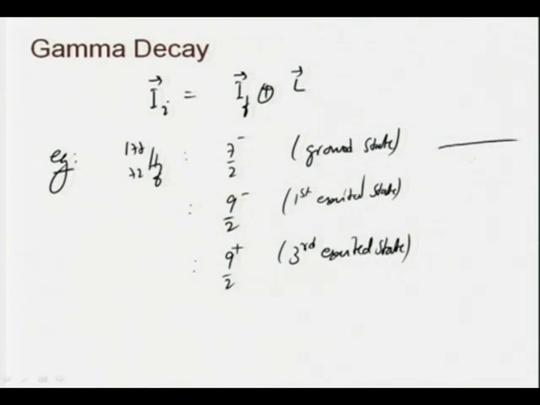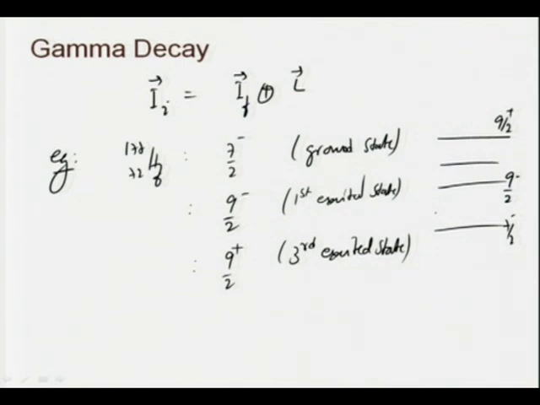So, it will look like something like this. This is 7/2 minus, and here you have 9/2 minus and say 9/2 plus, and there is in between something which is actually 11/2 minus.